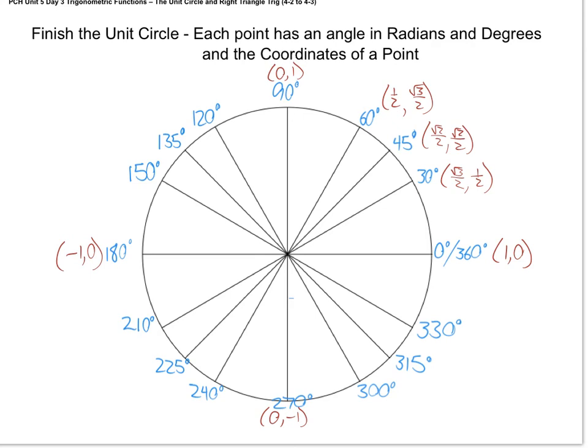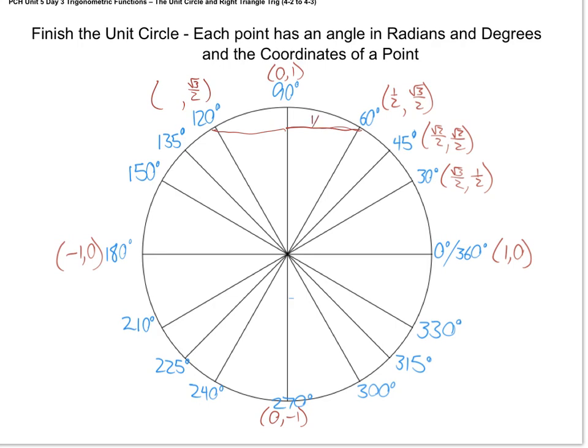So like 120 would be radical 3 over 2 comma 1/2? No. If we move this over here, we're staying at the same vertical level, so the y is going to stay the same, root 3 over 2. But how would we get the same distance over onto this side?